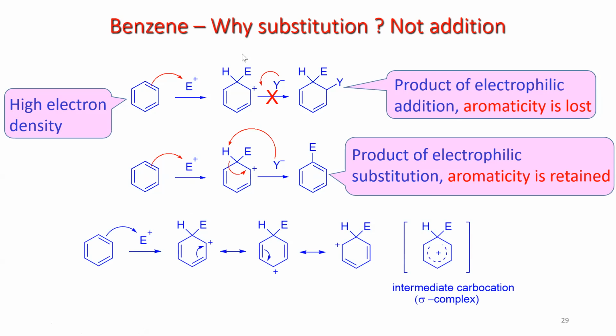And here you can see, instead of all three structures, you can draw a structure like this, which we call the intermediate sigma complex, carbocation, right? This is called the sigma complex. So sigma bonds are shown here. Pi bonds can be indicated with a dotted circle like this, because all these structures have a slightly positive charge on all carbon atoms like this.